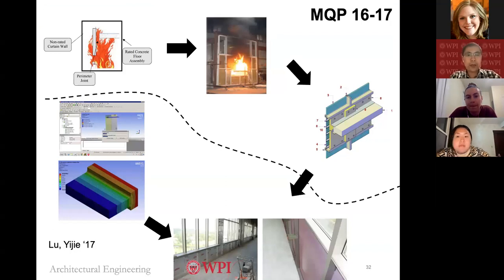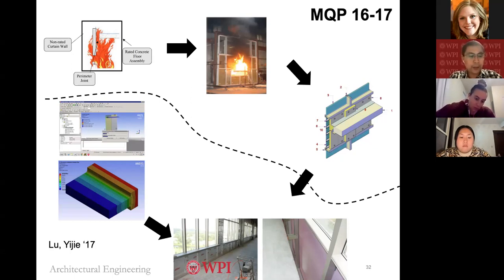I think most of the projects in our field focus on building design, but there are some students who work a lot with fire protection engineering. That is another program at WPI. So MQP projects can be sponsored by different programs, different majors. Some students are specifically interested in, for example, fire protection engineering.